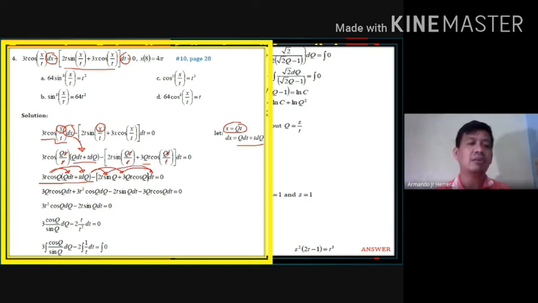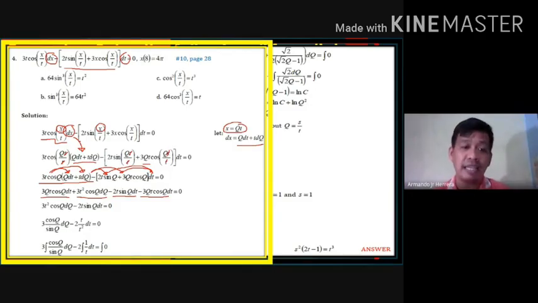So this gives you 3t cosine q times q dt is 3qt cosine q dt. Then 3t times t is 3t squared multiplied by cosine q dq. Ito siya. Minus the quantity 2t sine q dt. So that's 2t sine q dt. Minus times positive is still minus 3qt cosine q dt is equal to 0. So this will be our fourth term.